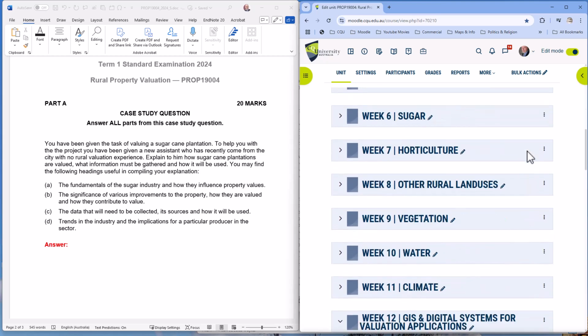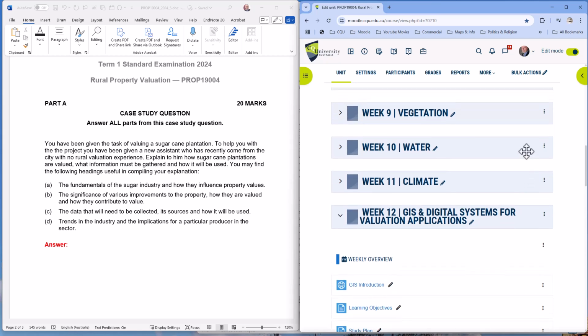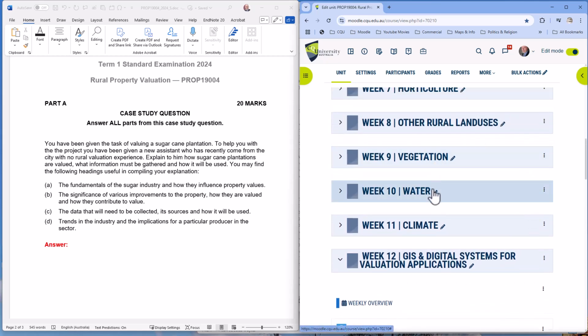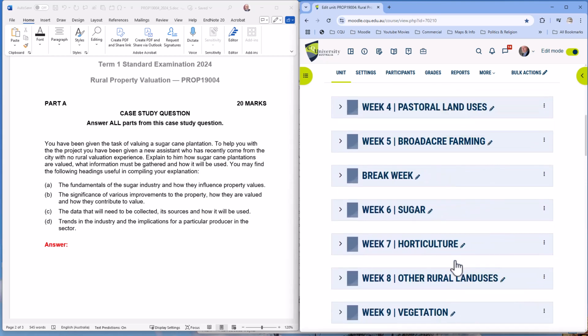We also, down at the end, look at vegetation, water, climate, and then we look at technology. We looked particularly at GIS in this case, but we can broaden that to look at technology systems, digital systems in general. So they're general topics, if you like, that pertain to understanding the rural situation.